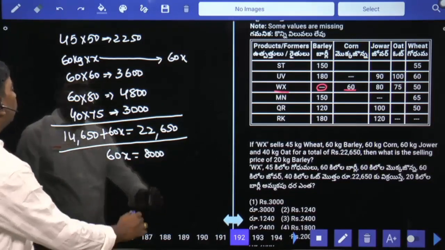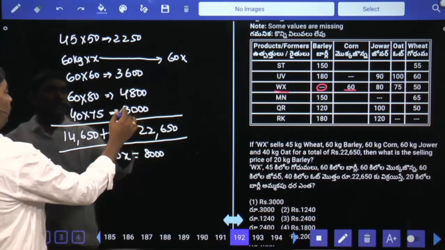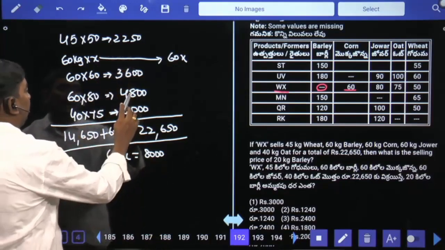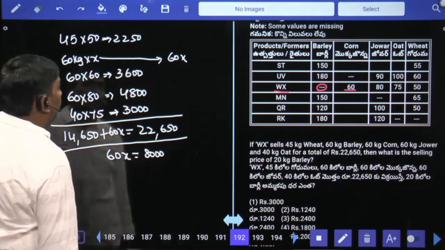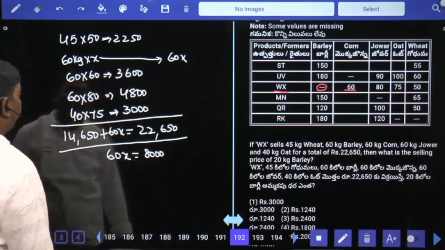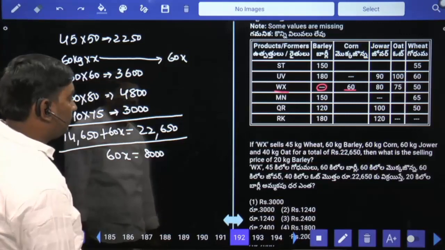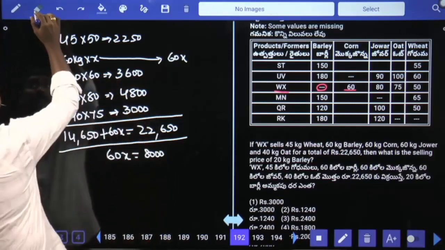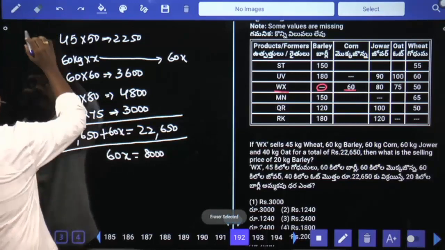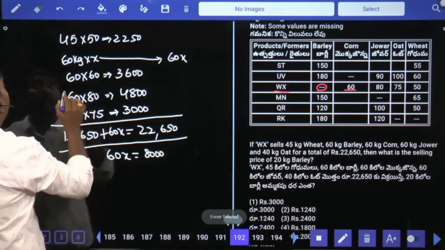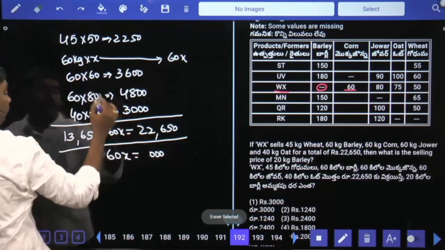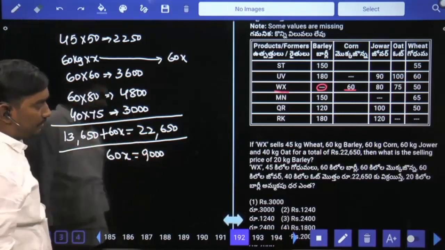Just a minute. 4,000, 3,000, 7,000, 10,000, 12,000, 800, 600, 1,400 plus 250, 1,650. Sorry, 13,650. Then this value is 9,000. So 60x is equal to 9,000.